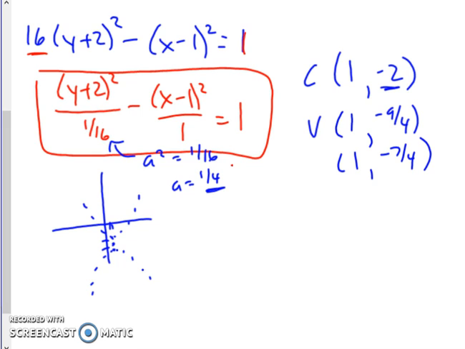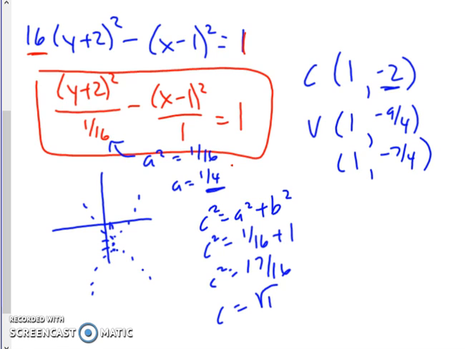Foci, now we have to think about c, and we know c squared equals a squared plus b squared in a hyperbola. So c squared equals 1/16 plus 1. So c squared will equal 17 over 16. And if I take the square root of both of those, I'd get square root of 17 over 4. And that's going to give us a decimal, which is okay at this point in time. But now recall, we're going to take our c value.